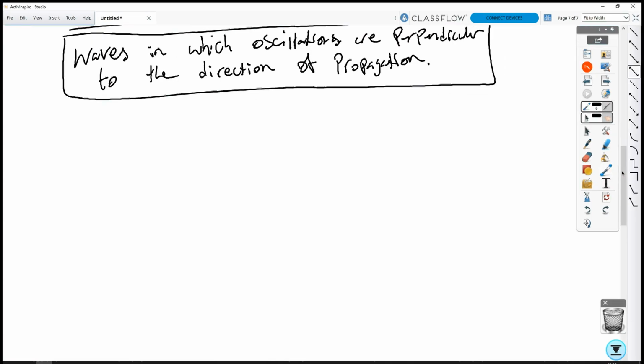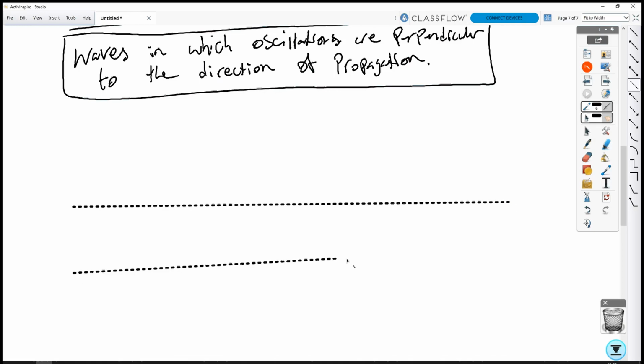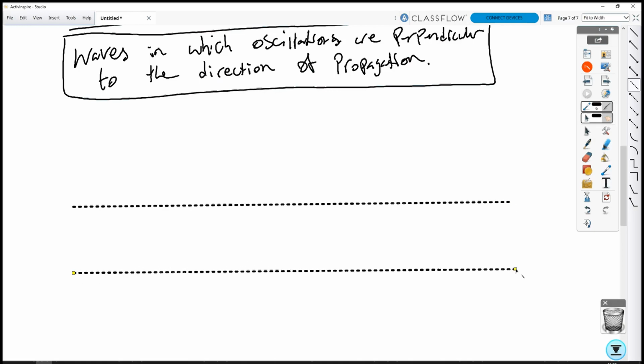Next, I want to draw longitudinal waves. And longitudinal waves are always quite difficult to draw. So I'm going to use these dotted lines as guides. That will help me to draw longitudinal waves. So usually you can think of these as coils on a spring.